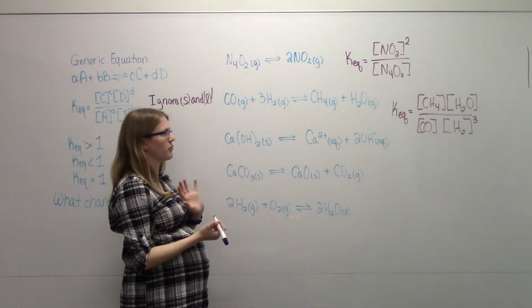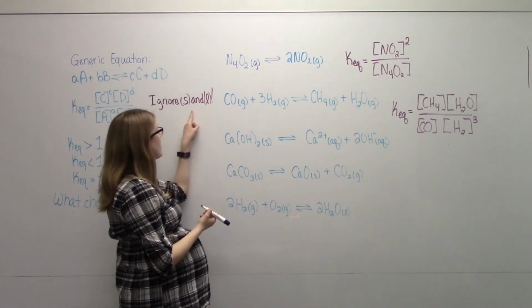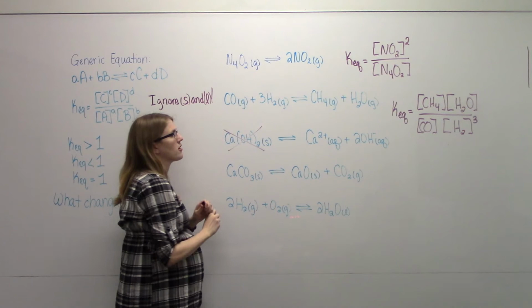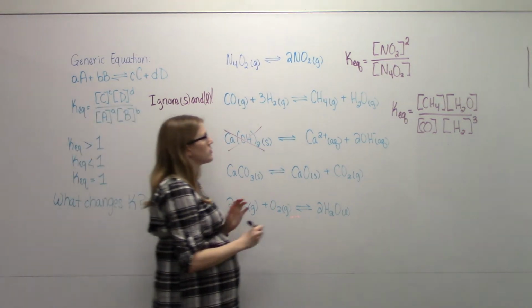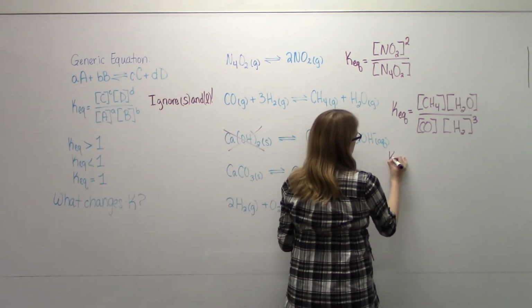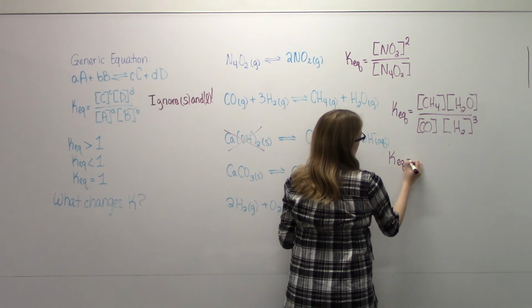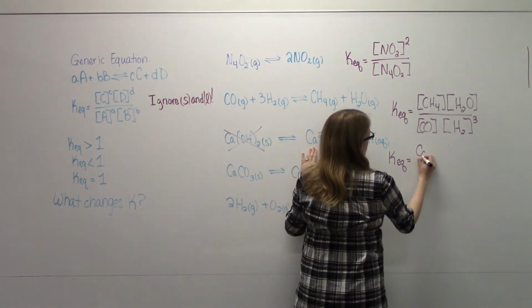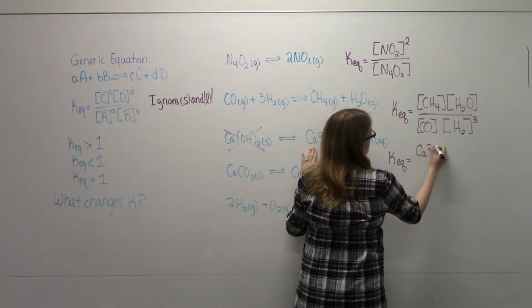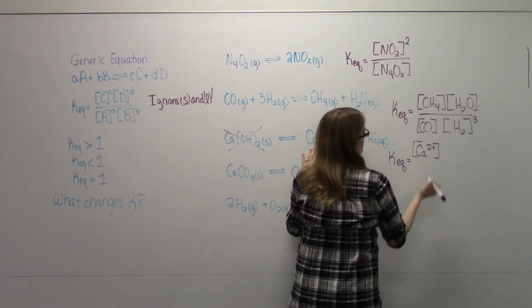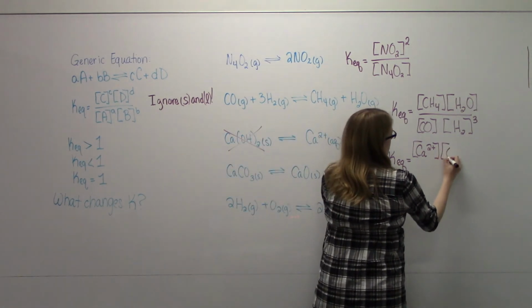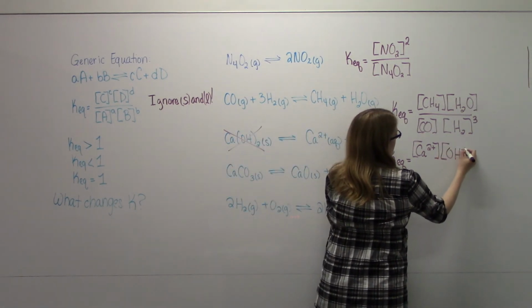Let's look at this one. Before you do anything, you need to cross off all solids and liquids. So there is a solid. We did not include it at all. So KEQ, in this case, would equal Ca. Now, you have to leave the charge. So write everything the same. Don't change anything about it. And then put the OH in the second bracket.